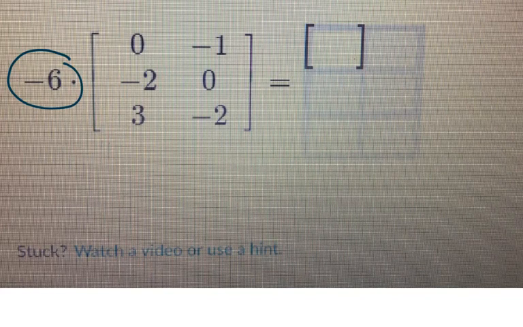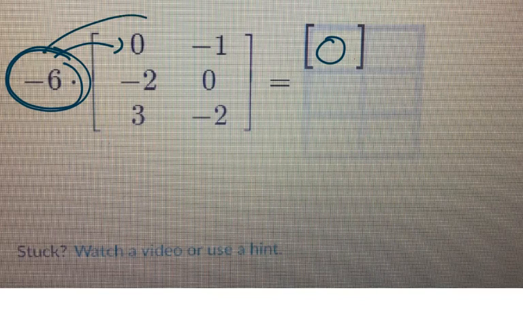But anyways, guys, I want to do this one, as I was saying, because of the -6. I want to remind you, be careful with your negatives. One more time out of a million times, right? But anyways, -6 times 0 is 0, right? Just put a 0 there. -6 times -1 is +6.